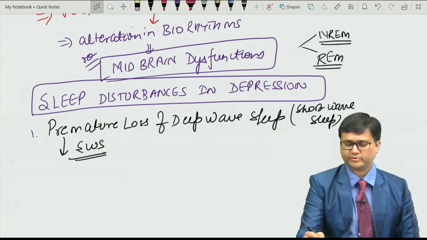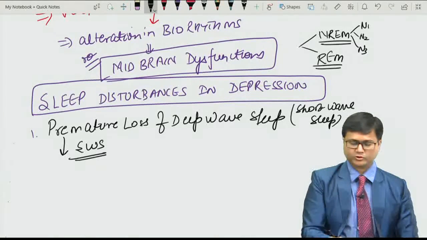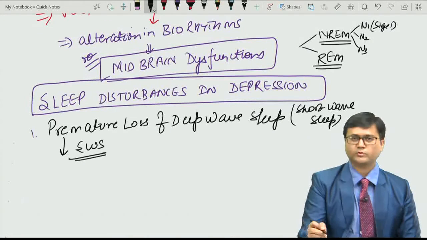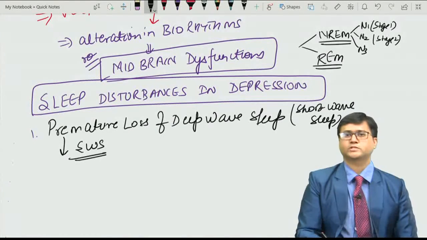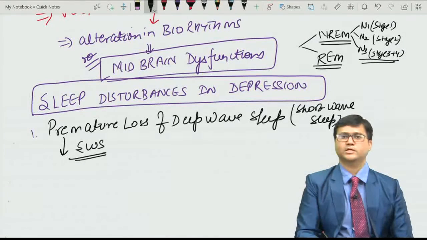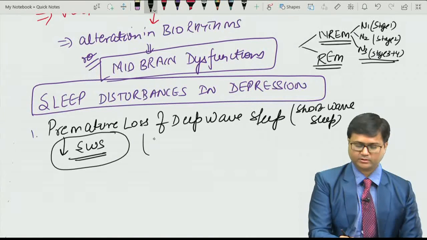Again, NREM is divided into N1, N2 and N3. Earlier stage 1 is now known as N1, stage 2 is now known as N2, and the two previous stages, stage 3 and 4, are now clubbed in as what is known as N3. So, this decreased sleep is actually the stage 3 and 4, which is now stage N3.